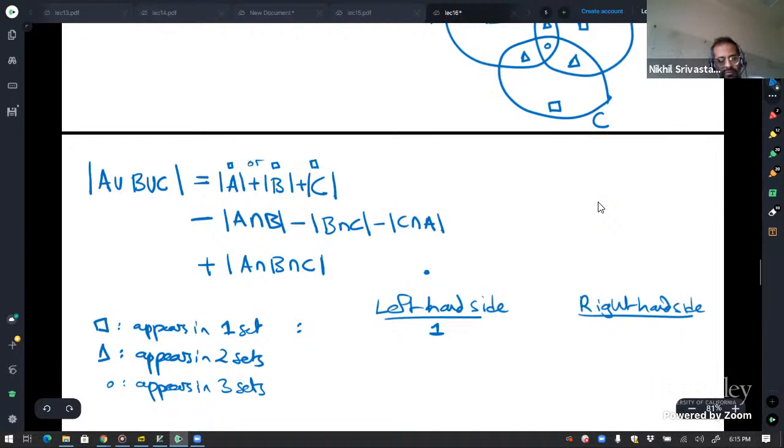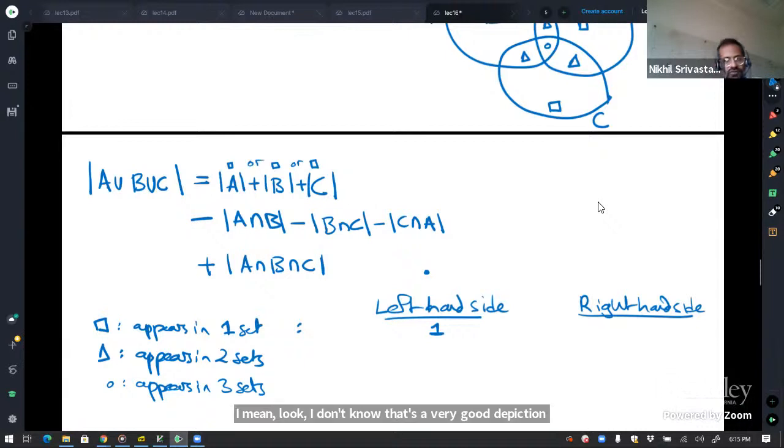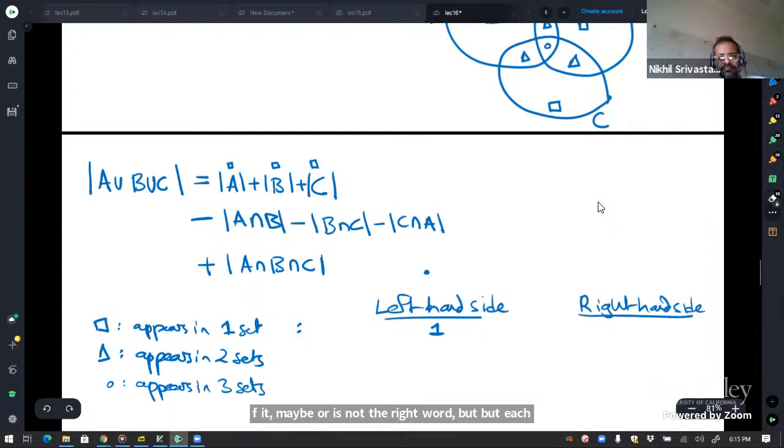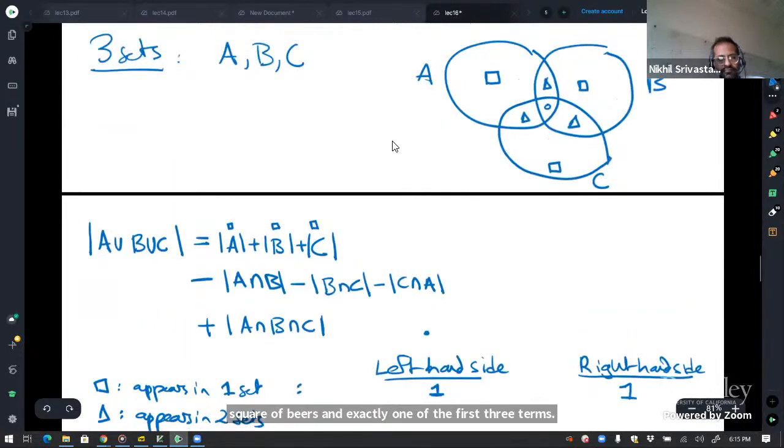Each square appears in exactly one of the first three terms. So it appears exactly once on the right-hand side.